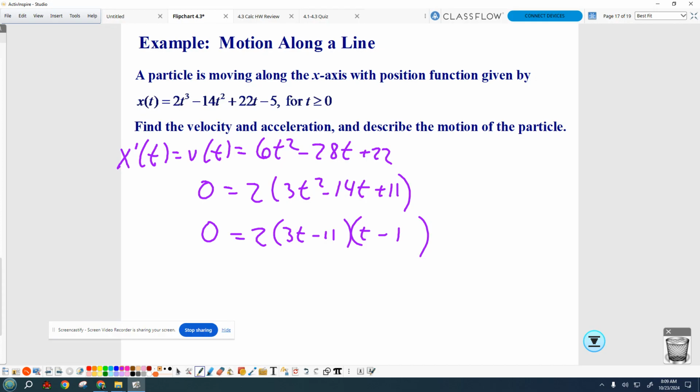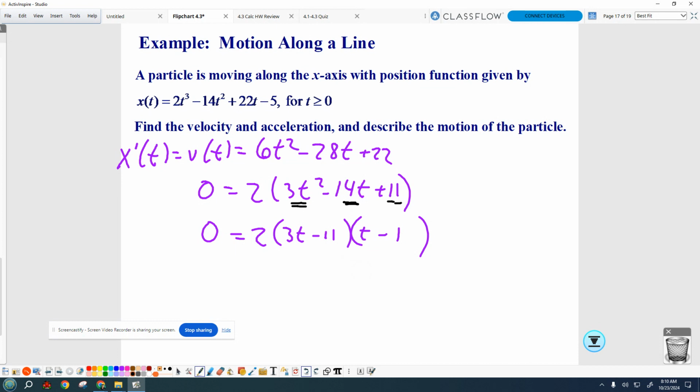Like, if it's going to factor nicely, 3t and t. 11 is also prime. It's going to be an 11 and a 1. The 11 can either go with the 3 or it can go with the 1, the just t. But I wanted it to add up to 14. Negative 3t minus 11t, that's the negative 14.